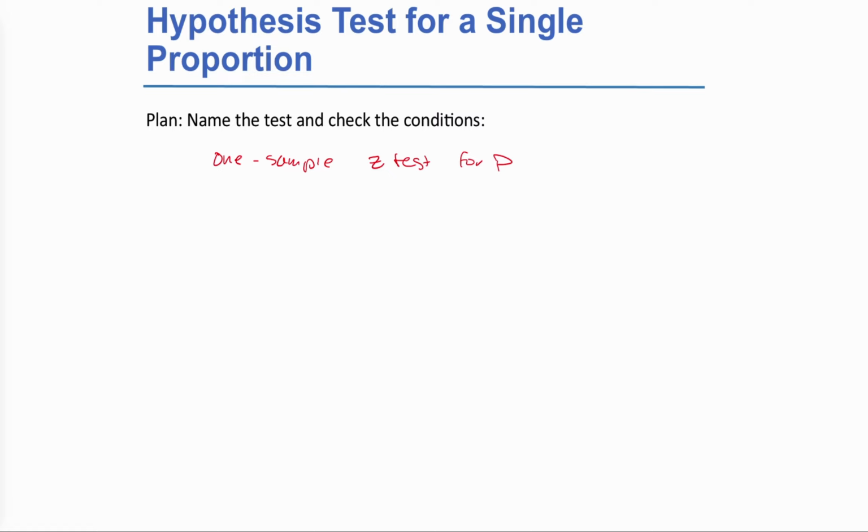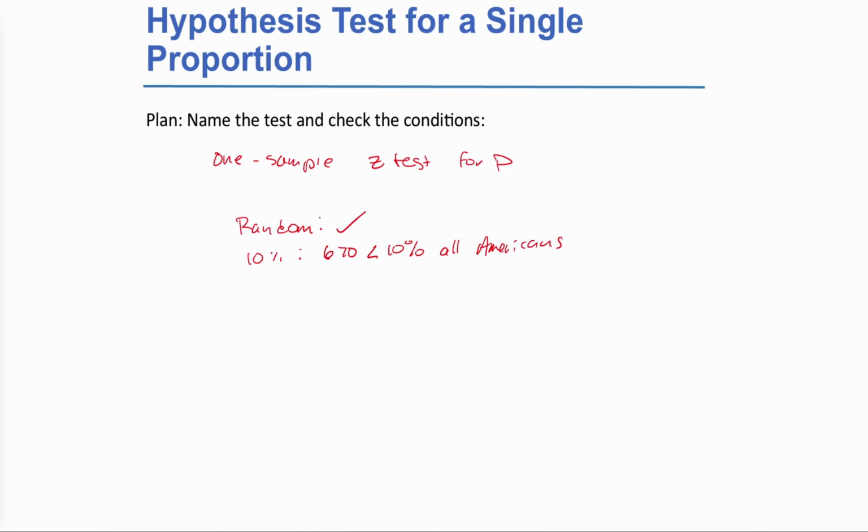Check the conditions. Random. Is it a random sample? We'll say yes. 10%: 670 adults is less than 10% of all Americans.